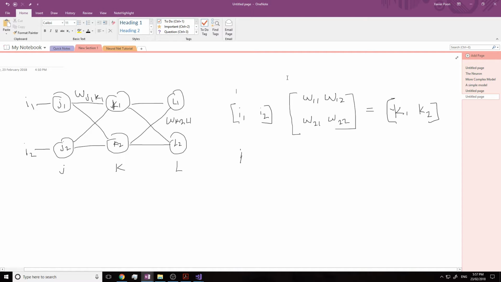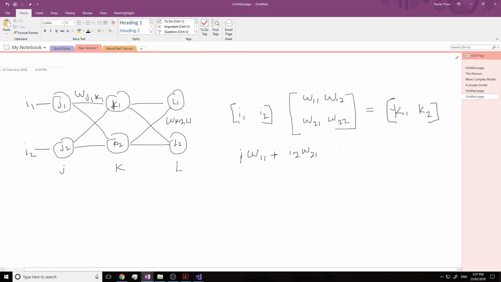You multiply that by the first number of the first column of the second matrix. So that's I1 times W11, and you move along the first row of the first matrix, and you get I2 times W21, because you move along the column of the second matrix.